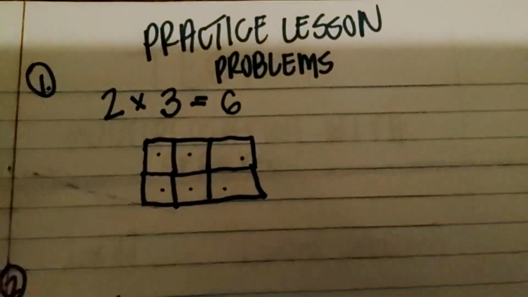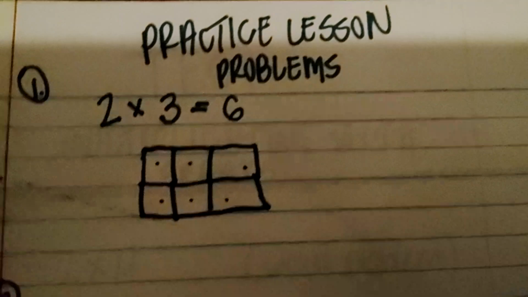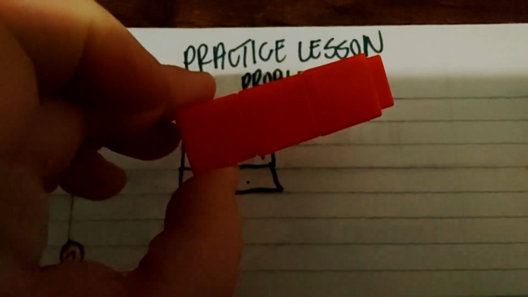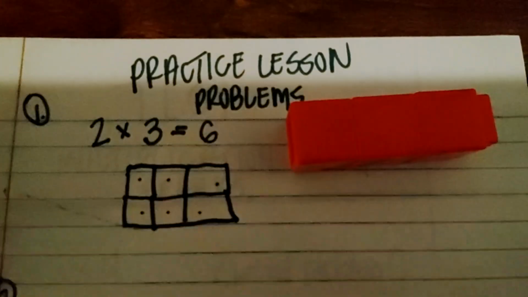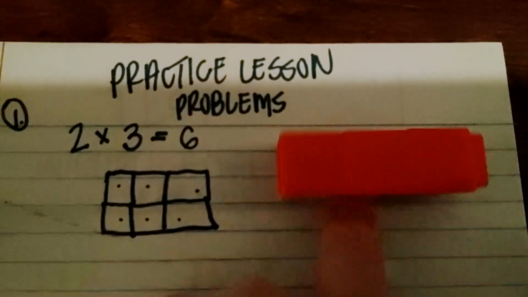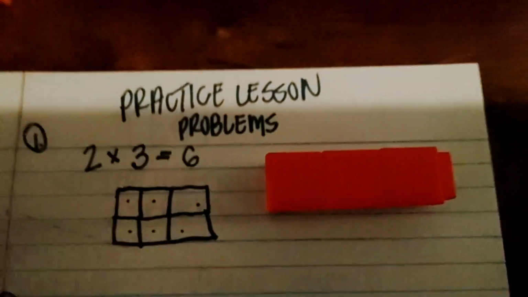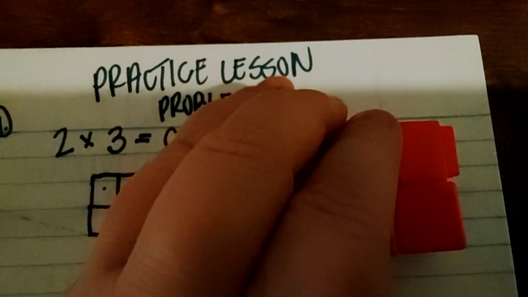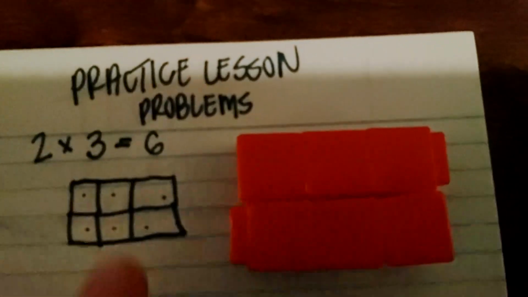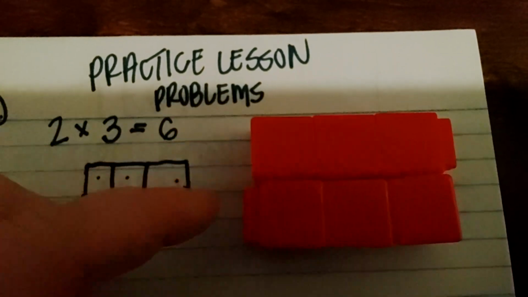So when we go to your scavenger hunt part, you're going to have these, right? You're going to build your arrays using these. So does this match? There's our one row, 3 in each. Here's our second row, 3 in each. Do we have our 2 rows? 1, 2.